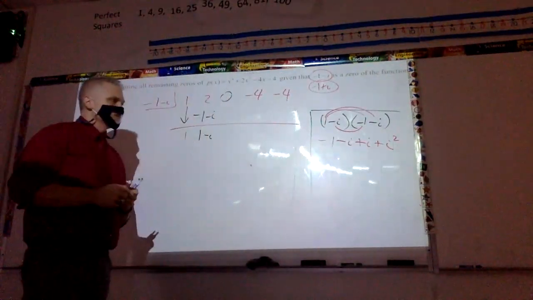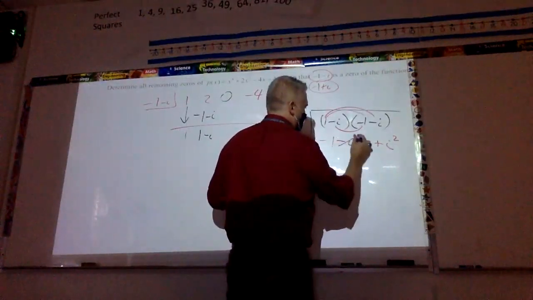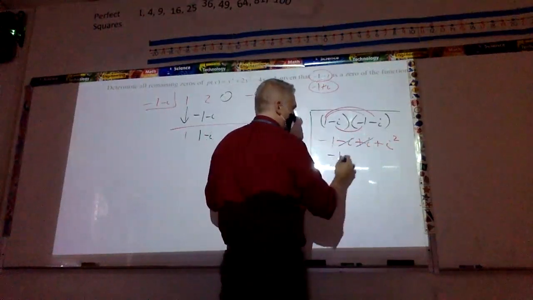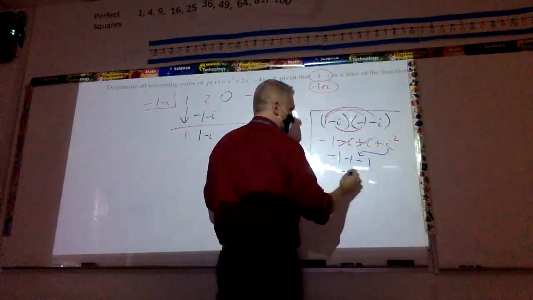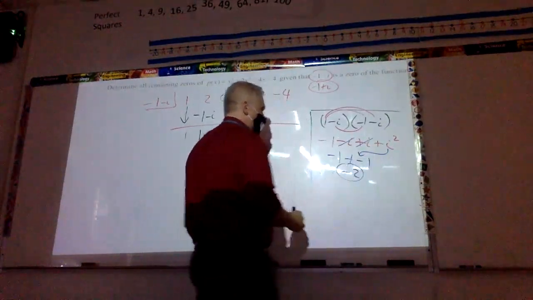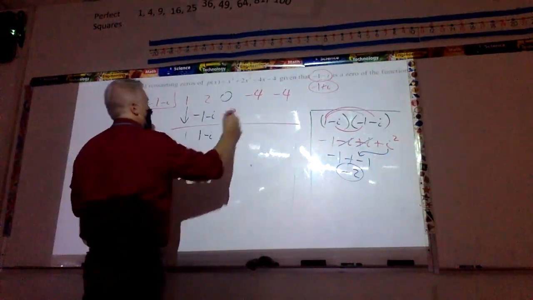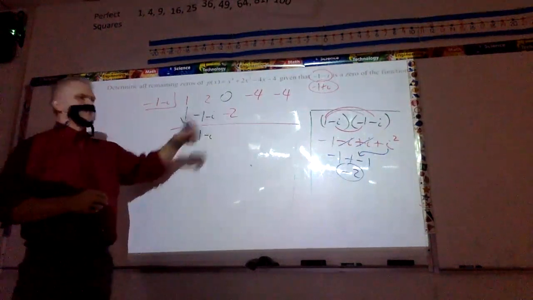So the minus i and the plus i cancel beautifully. So that's negative 1 plus i squared, which is negative 1. So it's just negative 2.